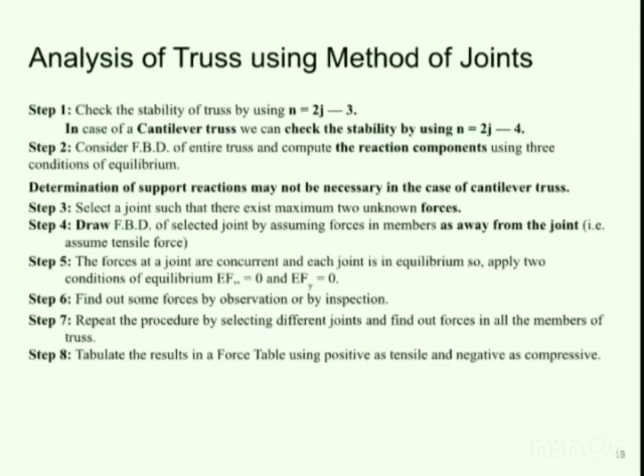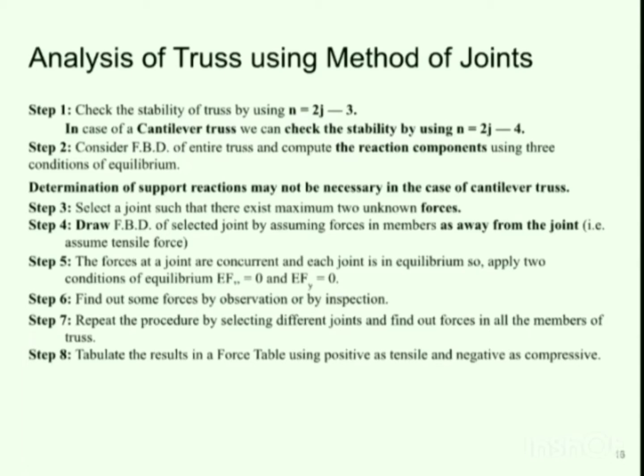Now over here, as the truss is in equilibrium, if we isolate the different parts of the truss, that is, if we isolate the members, horizontal, vertical or inclined member, or the joints of a truss, these joints should also be in equilibrium.